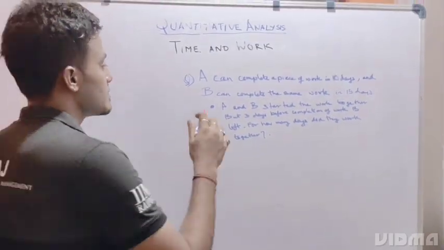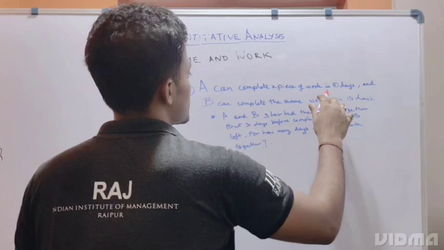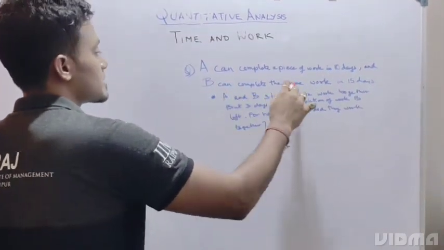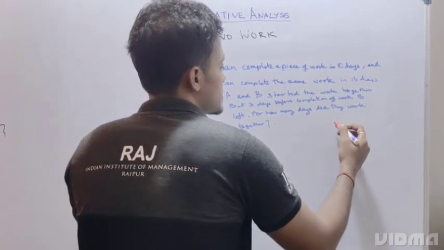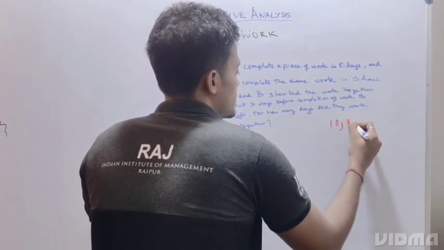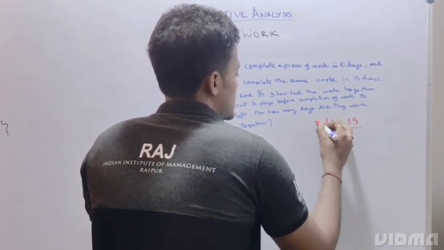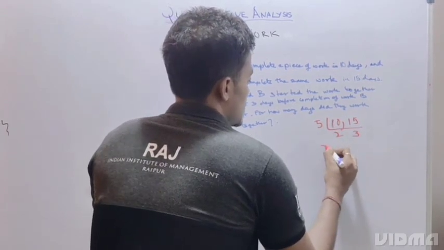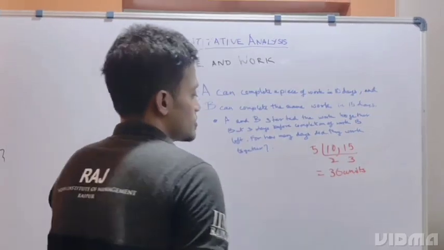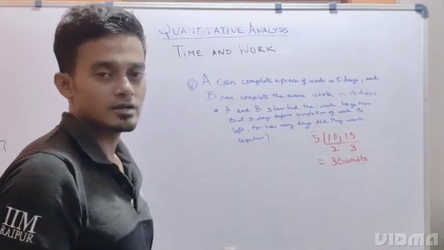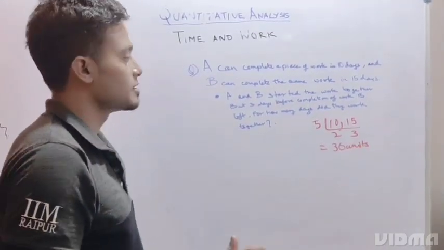So here we are given that A can complete a piece of work in 10 days and B can complete the same piece of work in 15 days. First we need to find the LCM of 10 and 15, that is 30 units. So 30 units of work needs to be done in total, right?